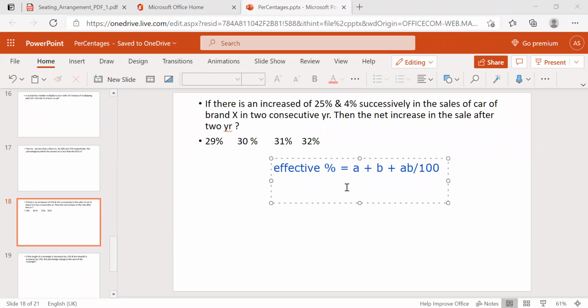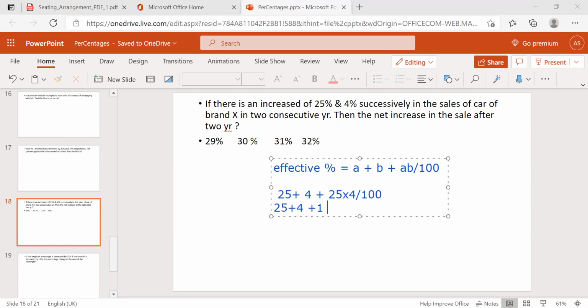And then what they've given here, first year, what's the A? 25% plus 4% plus 25 into 4 by 100. So 25 into 4 is 100, 100 and 100 get cancelled. Then 25 plus 4 plus 1.